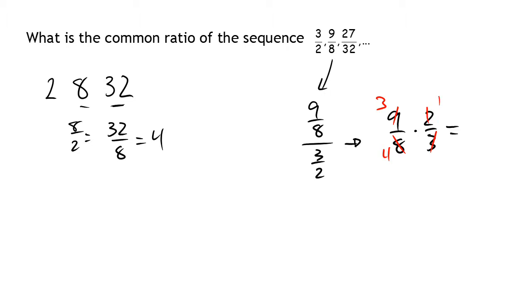So what I'm left with is 3/4. If I take 2/3 and multiply that by 3/4, I indeed do get 9/8. And if I multiply that by 3/4, I do indeed get 27/32.